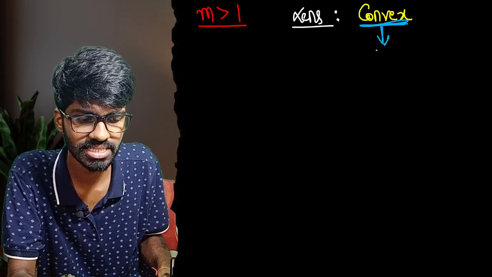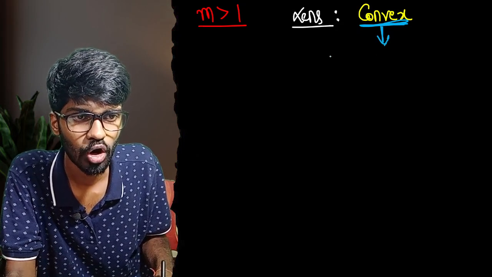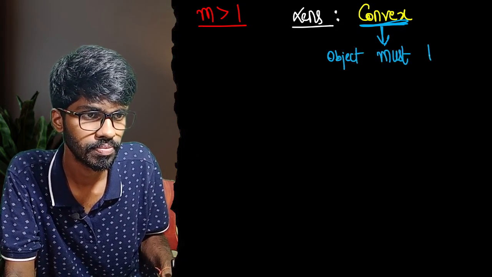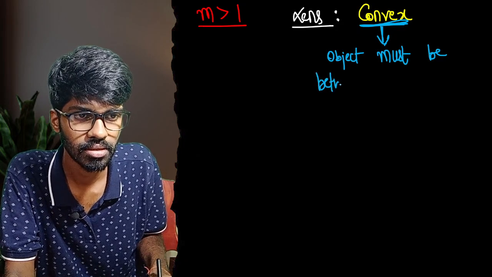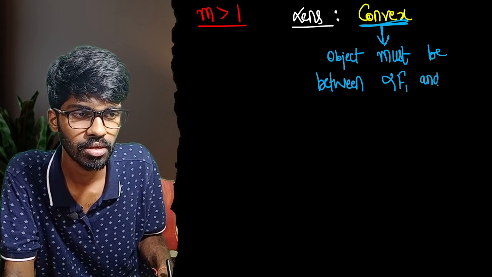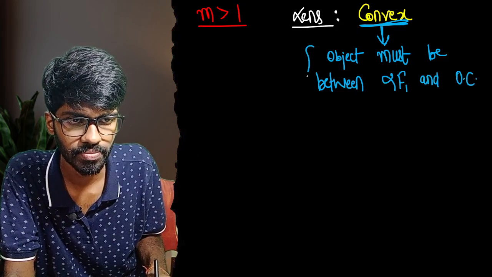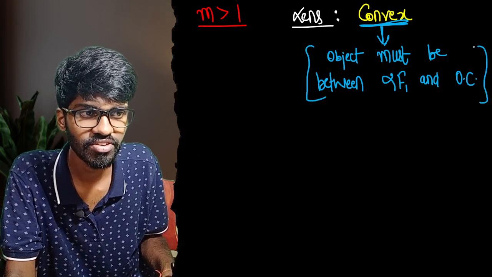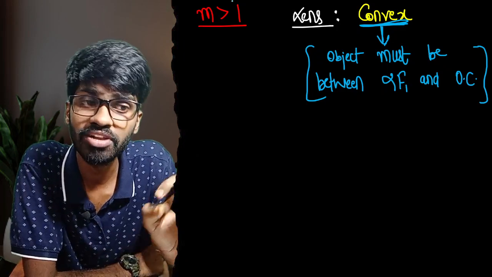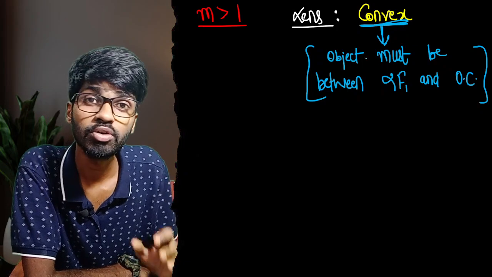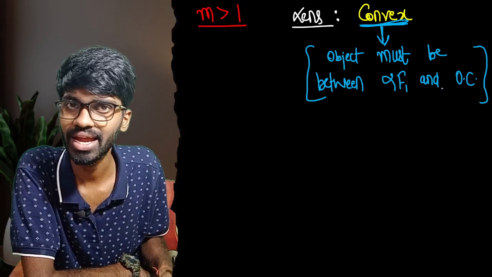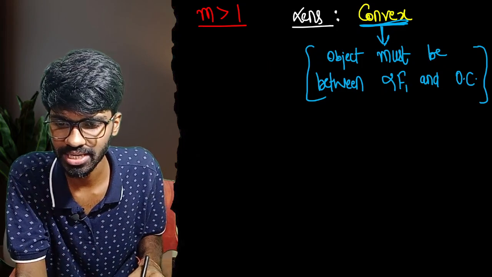And the object must be between 2F1 and optical center. So if the magnification is greater than 1, the lens will only be convex, and the position of the object will be between 2F1 and optical center. This is an important case.